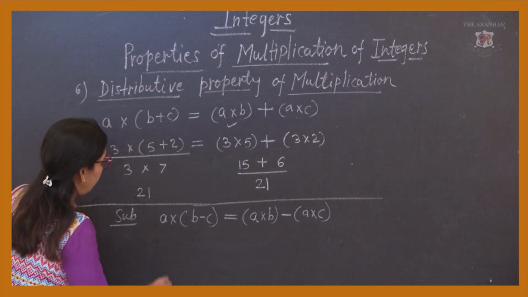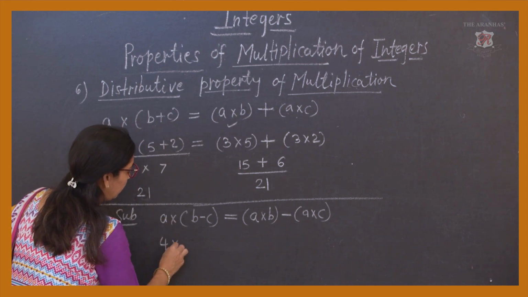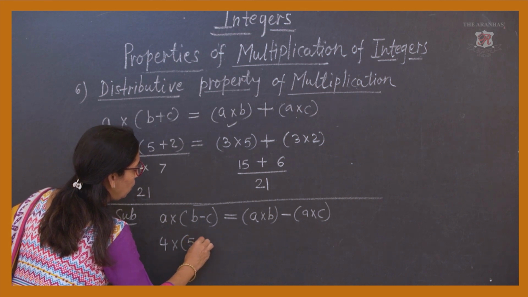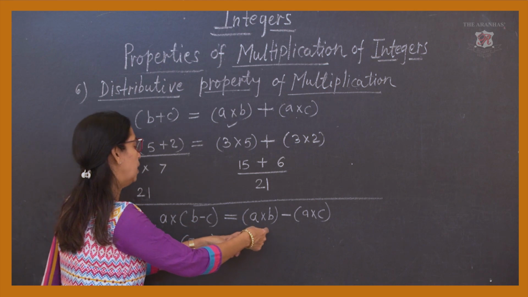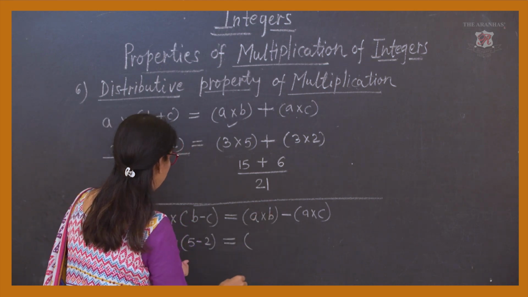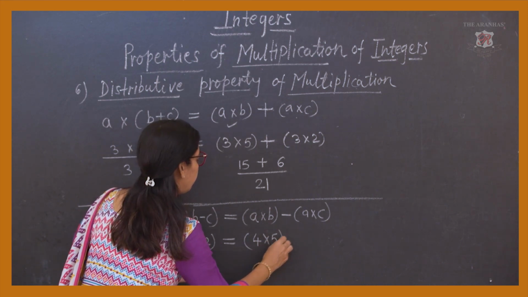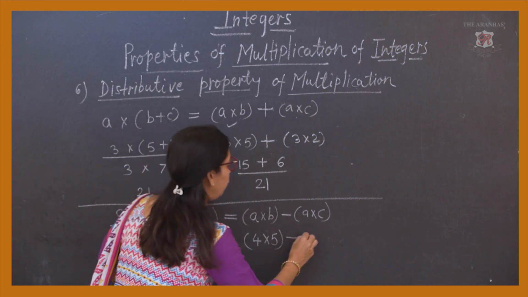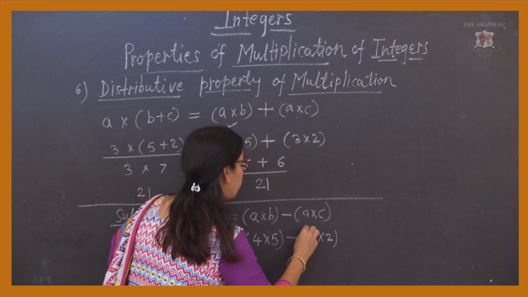Here a, b and c are the three different integers we are taking, and with the example now we will confirm. Suppose a is 4, then we can have 5 minus 2. So again, a multiplied by b we will write as 4 multiplied by 5 minus 4 multiplied by 2.